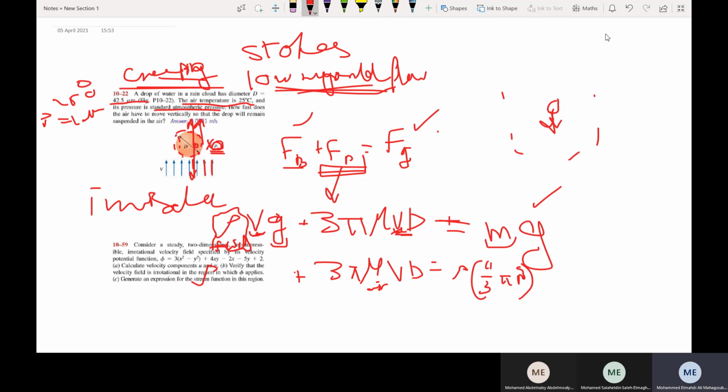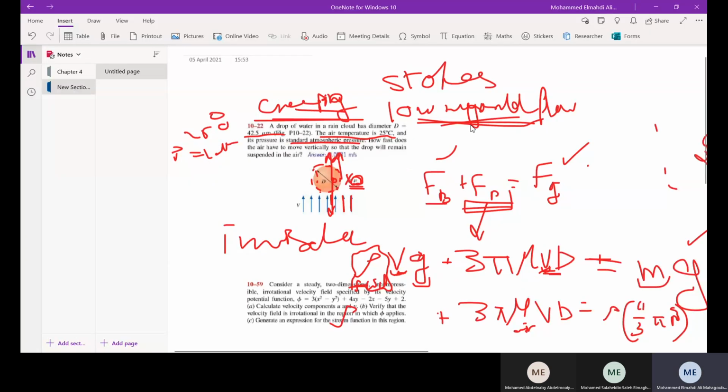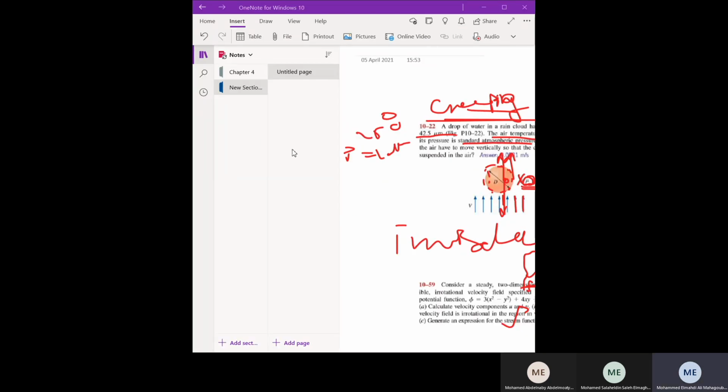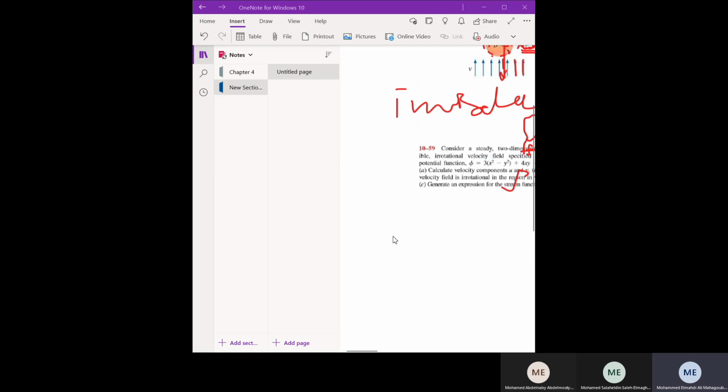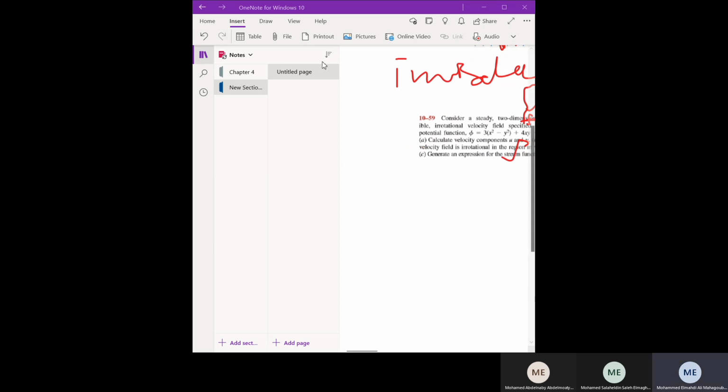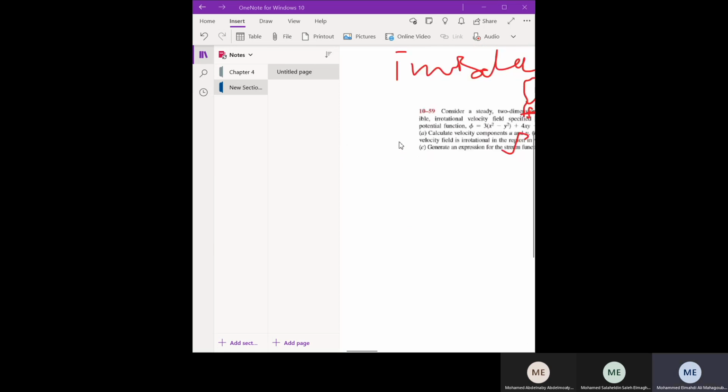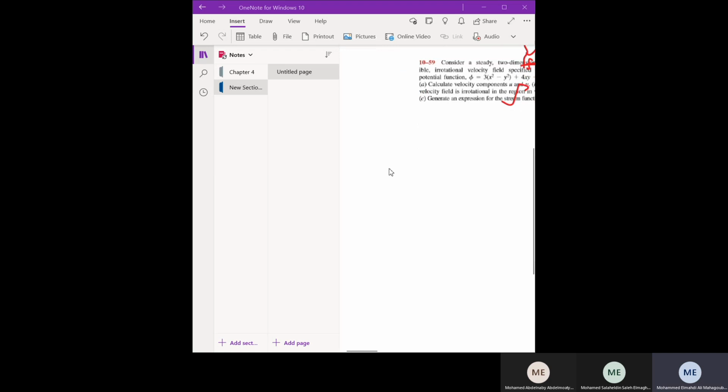Let's just substitute. Let me get the values for them. Here are the values. I'll write them down here.